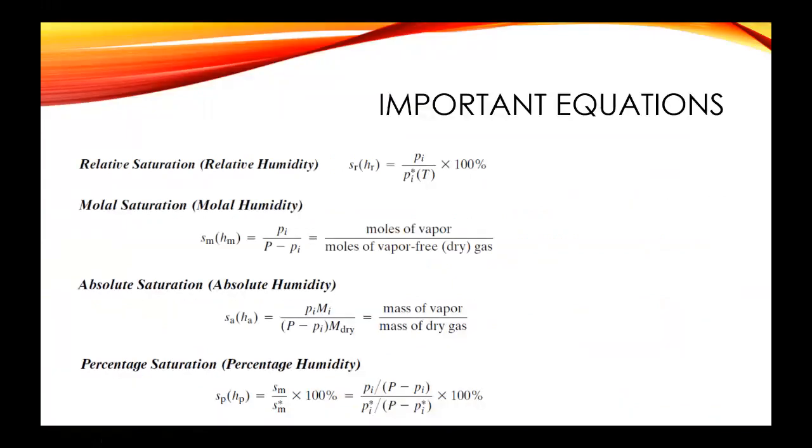Okay, so a couple of important equations that we're going to be using. I'm going to define what they mean. Okay, so the relative saturation or relative humidity is a relation of how much, let's say, what is the percentage of saturation? The relative saturation means how close we are to the saturation of the system.